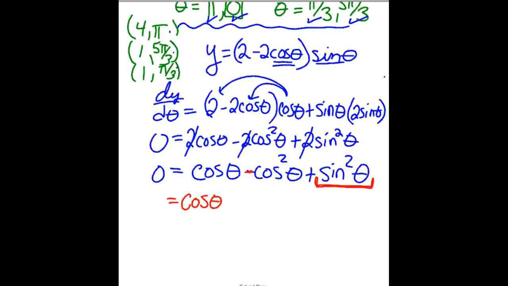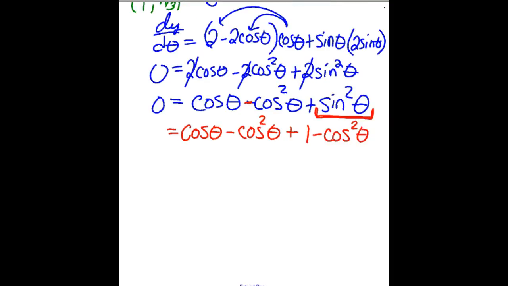So I'm just going to go on good faith that if I replace sine squared with 1 minus cosine squared theta, that maybe this will work out. If not, I try a different trig identity. So what does that leave me with? Let's clean this up. I'd have a minus 2 cosine squared theta plus cosine theta plus 1.